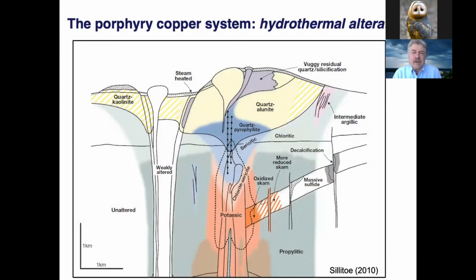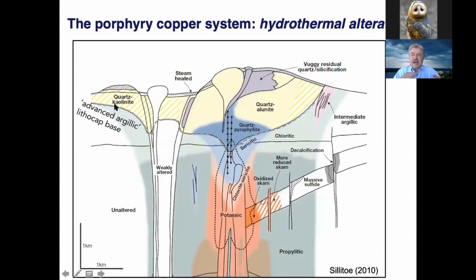A recent paper, 2010, by Richard Sillitoe, now very well distributed, talks about the porphyry copper system. And by porphyry copper system, Sillitoe didn't refer only to the porphyry copper deposit, but to all of the alteration in this whole intrusion-related environment. Deep potassic alteration, chlorite sericite alteration, but also the advanced argillic lithocap.